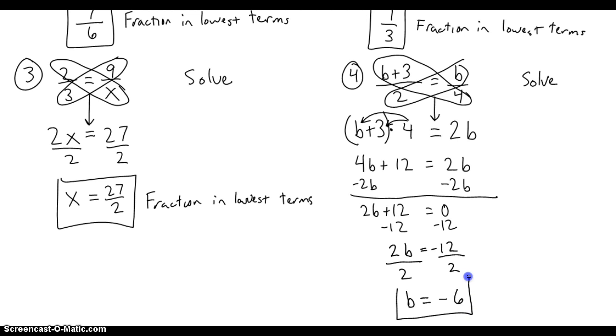So I'm left with b equals negative 6. Notice that I did not write it as negative 6 over 1. My answer is just negative 6. So when I get an answer that is an integer, I can just leave my answer as an integer. I don't need to write it as a fraction over 1. My answer is just negative 6.